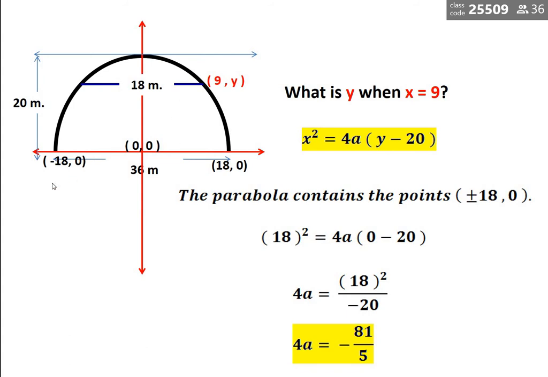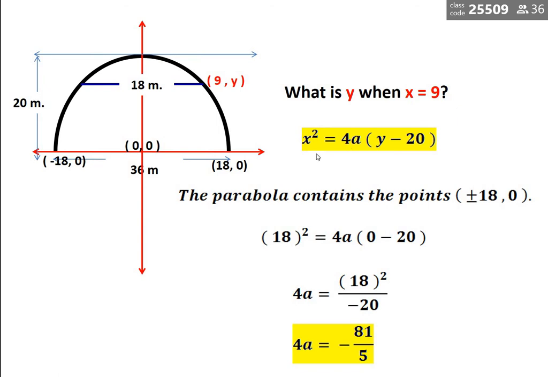So this point is (-18, 0) and this point is (18, 0), with the span of 36 meters. When we say span or distance, we talk about the positive value. And this point is (9, y). So the question is, what is y when x equals 9?